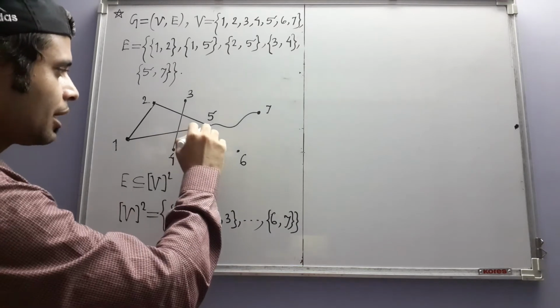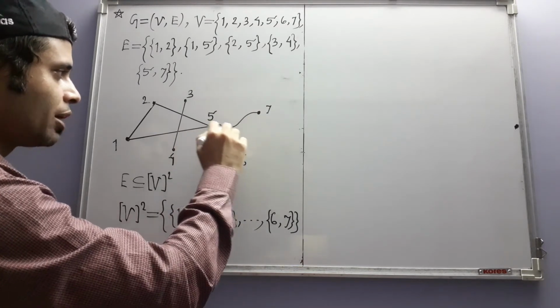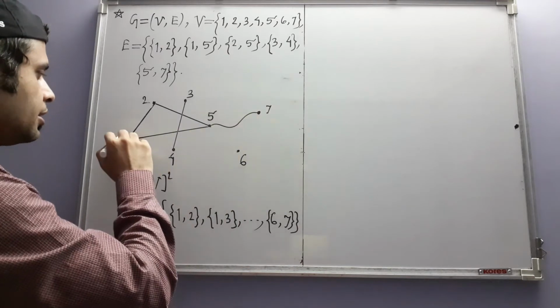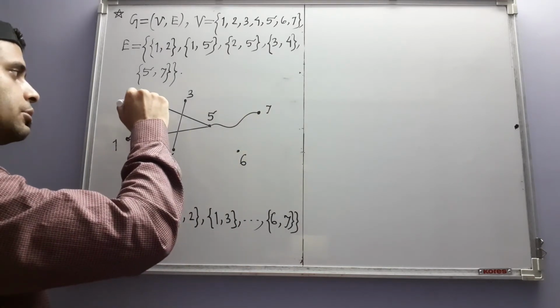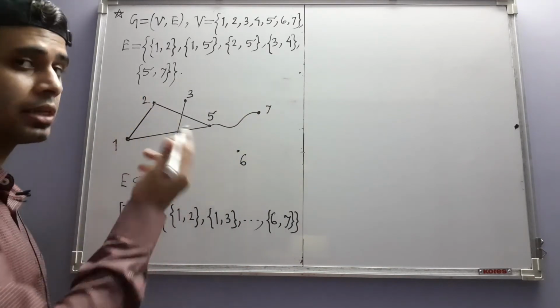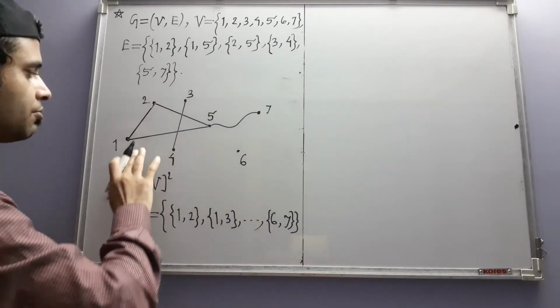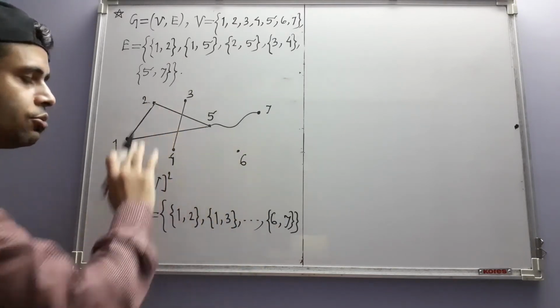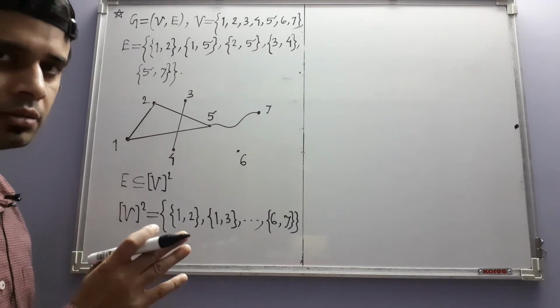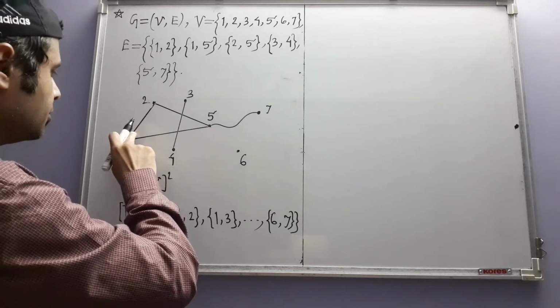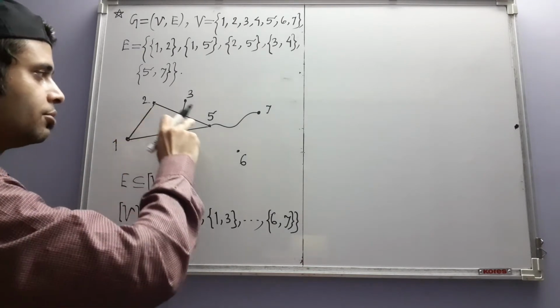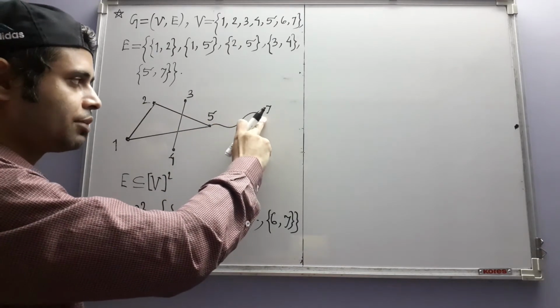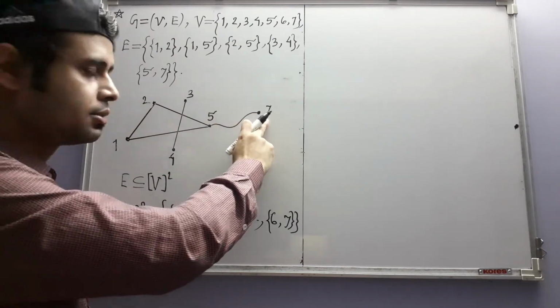If you move along the edge from one vertex to another, say someone starts here, then goes to 2 along this edge, because they are joined. The movement will be made only when 2 vertices are joined along a line that is joining them. So one goes from 1 to 2, then from 2 to 5, then from 5 to 7, here the path ends.